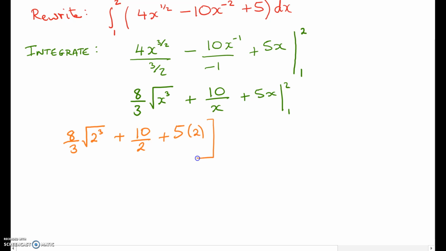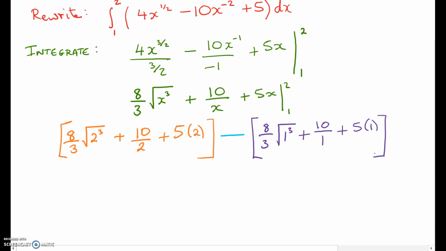So that's what happens when you plug in the first number. And then we are going to subtract, and we're going to plug in the second number. So it's going to be 8 over 3 times the square root of 1 cubed, which is going to be fine. Plus 10 over 1 plus 5 times 1.